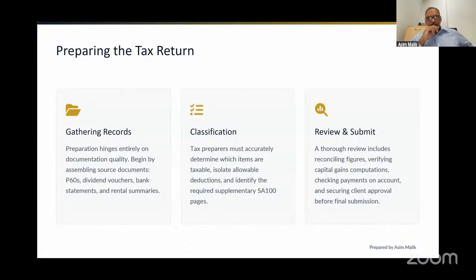Now, the things which actually affect us as tax advisors, as accountants, is the compliance, i.e. tax return filing. Tax return filing starts with gathering the information. As a tax advisor, you need to make sure that the taxpayer is giving you accurate information, because if there's a compliance check and HMRC find out that the information is not correct, then to some extent they do maintain some sort of database of their own tax advisors.